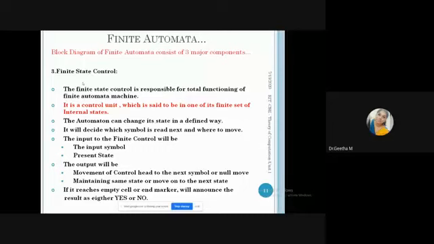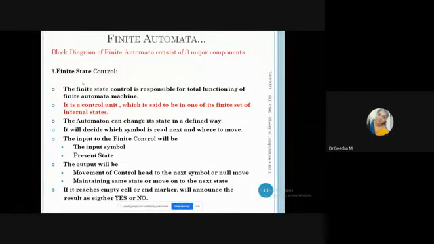It has to see where we are actually residing, which will be given by the present state. At that time, what is your current input symbol? So two things it has to know, then only it can take a decision. Then come to the output. The output will be whether it has to maintain the same state or move on to the next state. So this is what finite control is about.